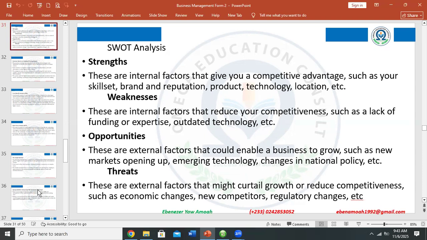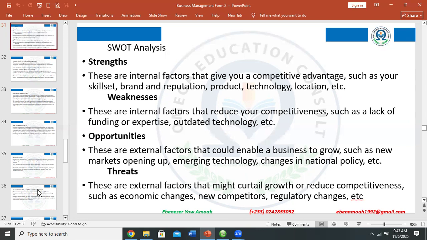In other words, the business can manipulate them to its advantage or otherwise. But opportunities and threats exist in the external environment. The external environment of a business comprises all the factors that the business has no control over, but which have an impact on its operations.